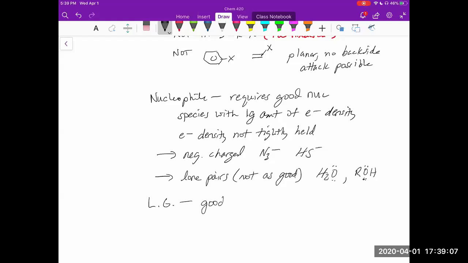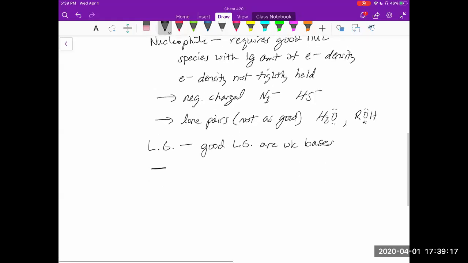And we saw that good leaving groups are classified as weak bases. And what that really means is that they are stable on their own. They're stable being kicked out. They're things that can stabilize the negative charge.